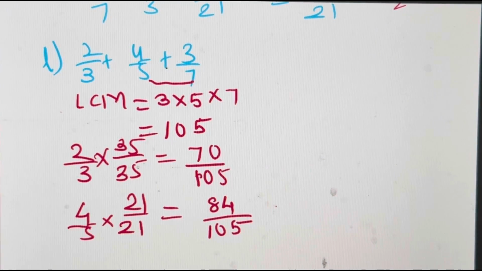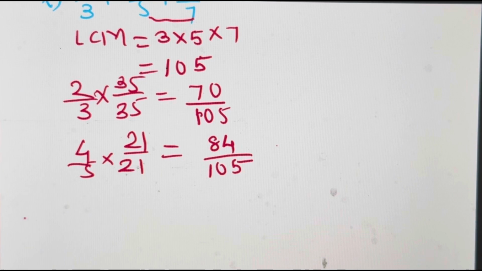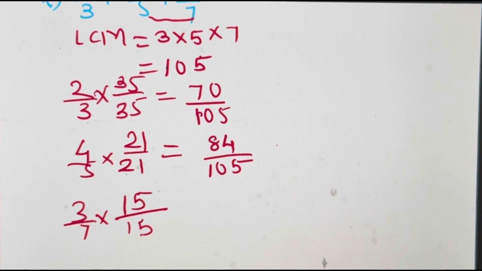Then the third fraction is 3 upon 7. So you multiply it with 3 5s are 15. The remaining denominators. 15 sevens are 105. We already saw that. So 15 3s are 45 upon 105.